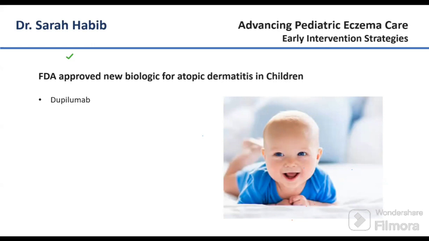There are two types of drugs available, and these are pre-filled syringes of 300 milligrams that can be injected at home, even 4 weeks apart. It does wonders, but unfortunately, these are only for a patient who can afford it.